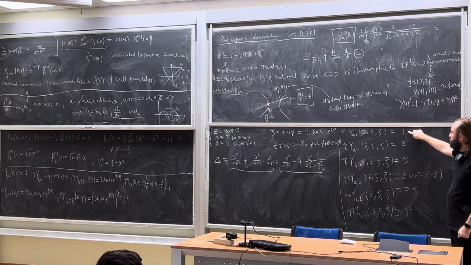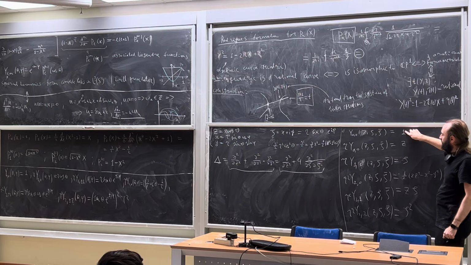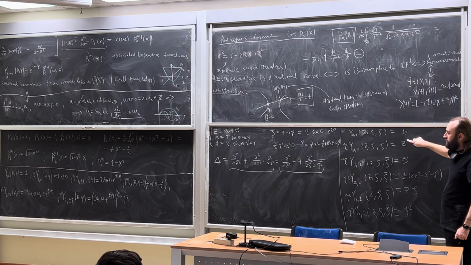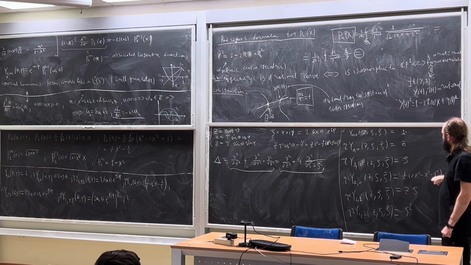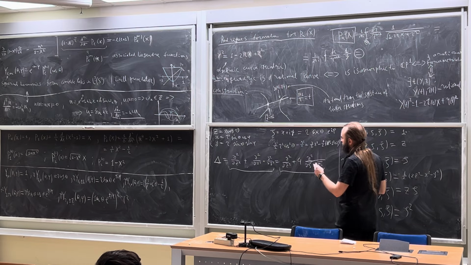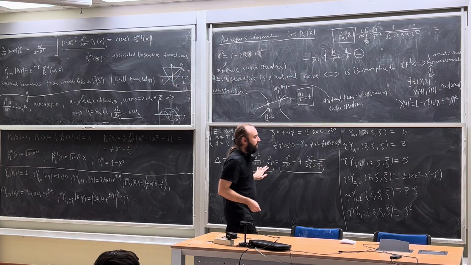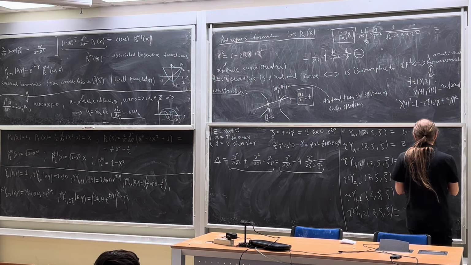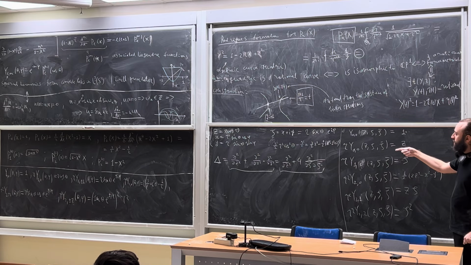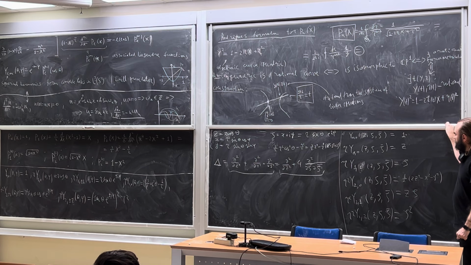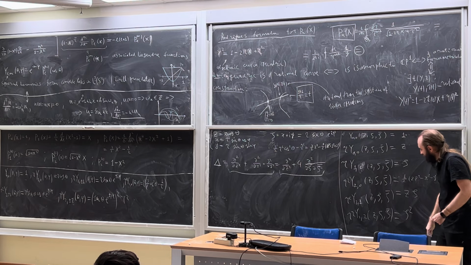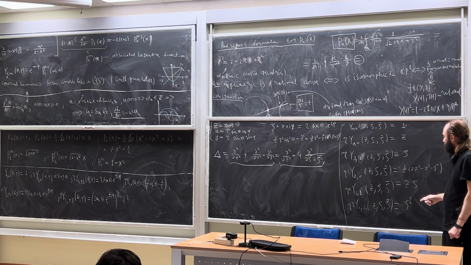So it kills 1 because it contains a derivative. It kills z and zeta because it's a second order differential operator. It kills this expression because the second derivative of z squared is 2, and the second derivatives of x squared and y squared are minus 2 and minus 2. Well, this is killed by Laplace, and this non-trivial form of P2 gives precisely this statement.